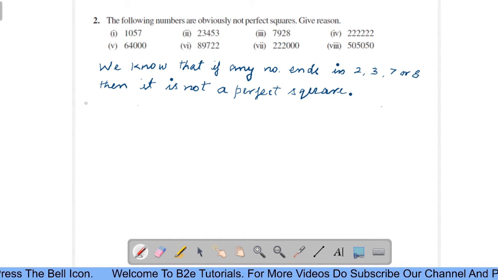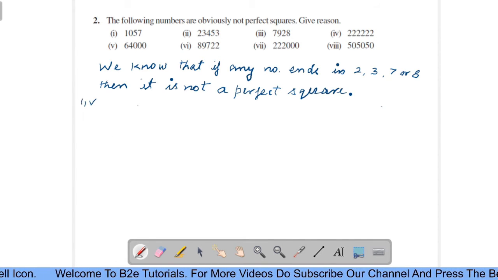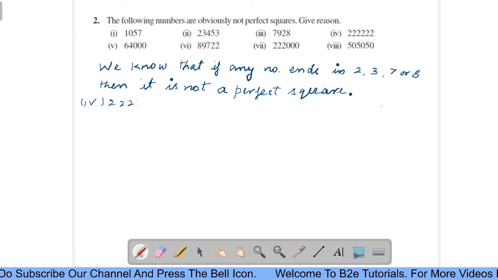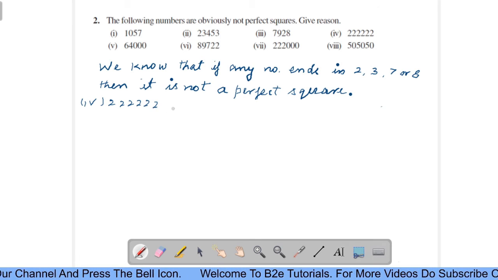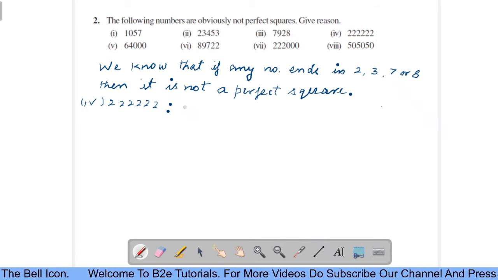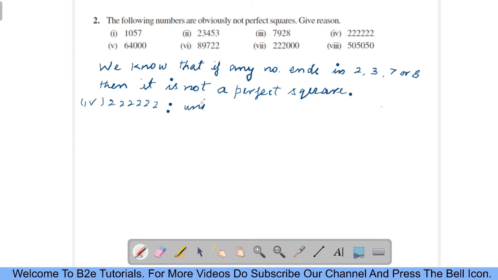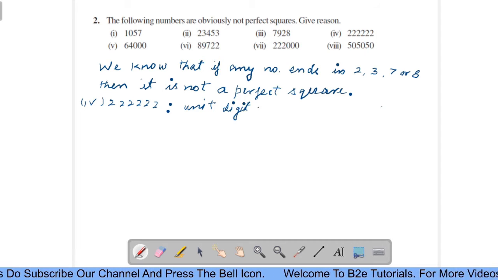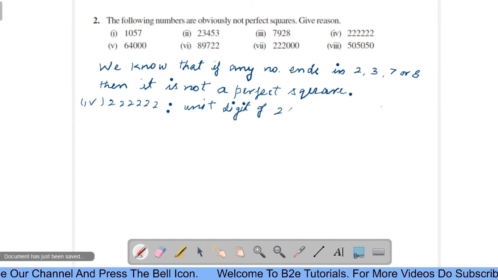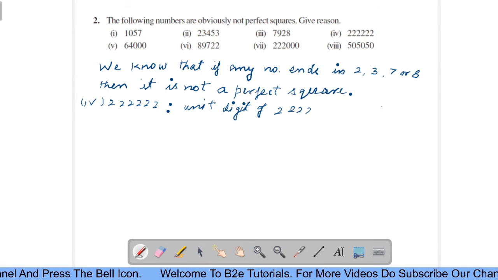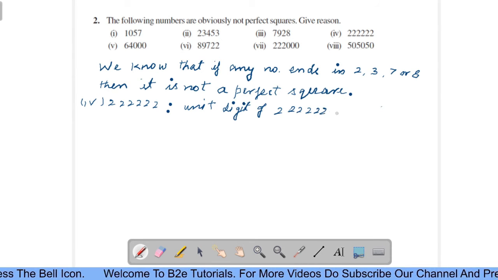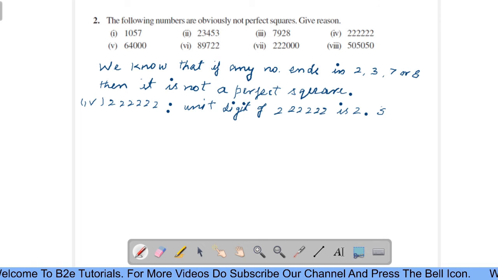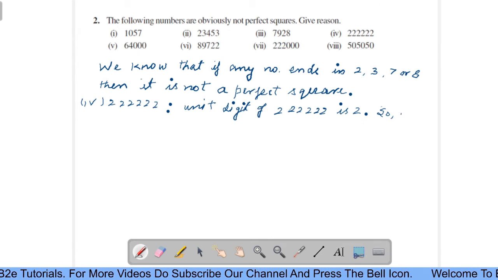Now come to fourth part, 2,22,222. Here the unit digit of 2,22,222 is 2, so it is not a perfect square.